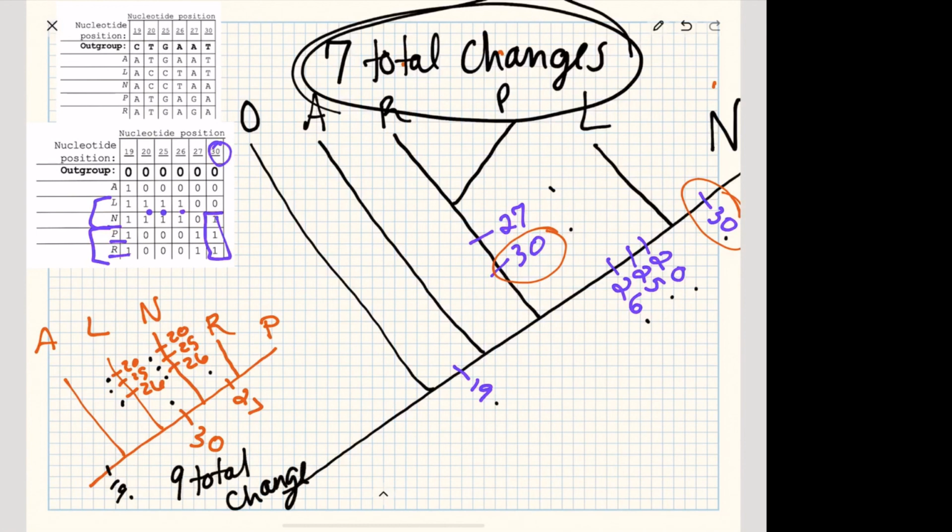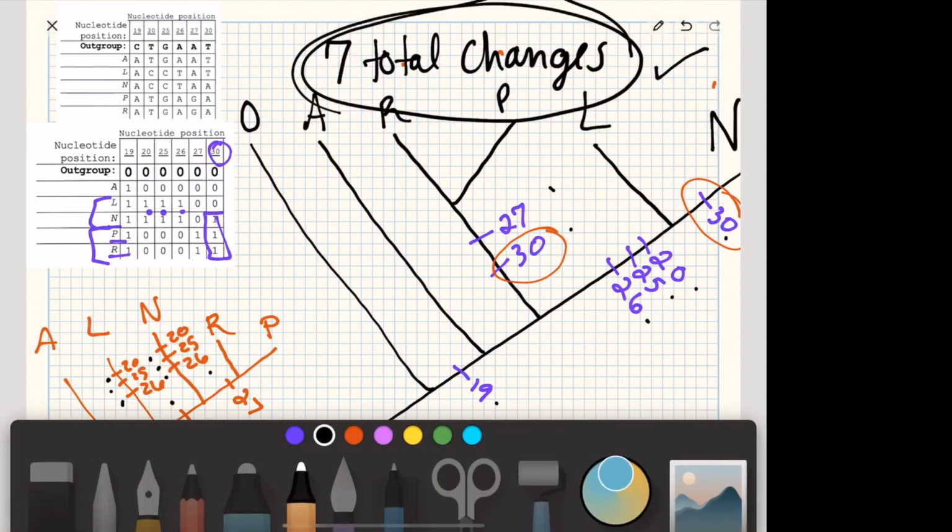And so it's less simple. There's more homoplasies, so it's harder to believe. The big one on the right with 7 total changes, that is the winner here. That is more parsimonious. That is the most parsimonious out of all possible options of tree topologies for these 5 species.